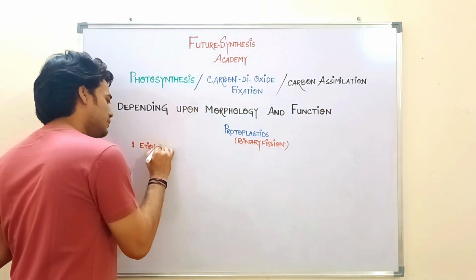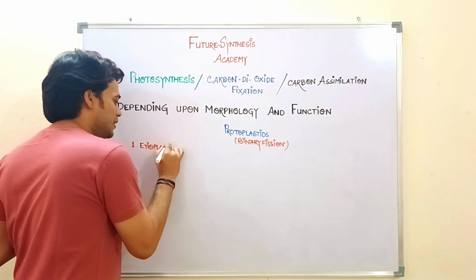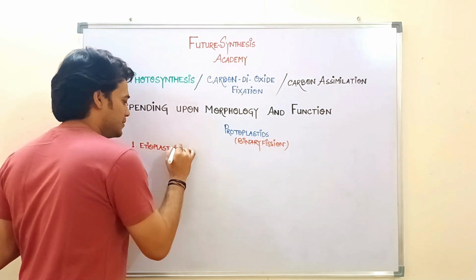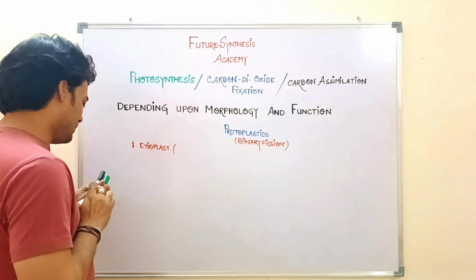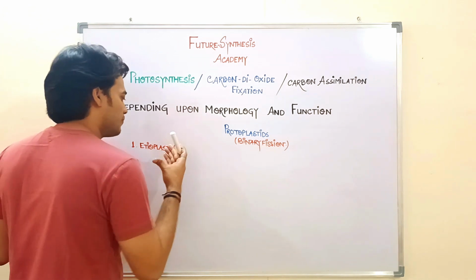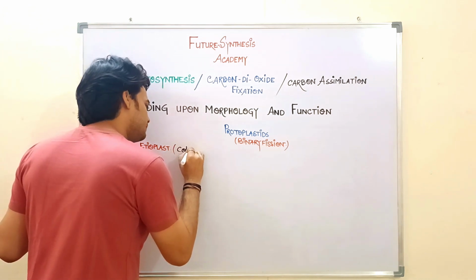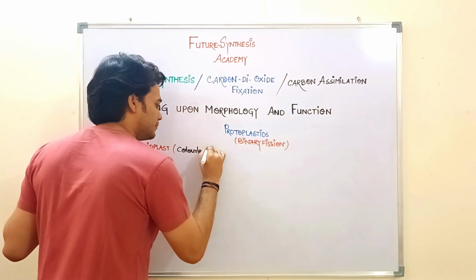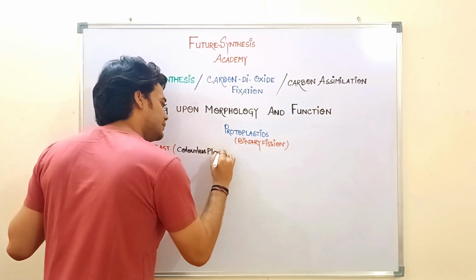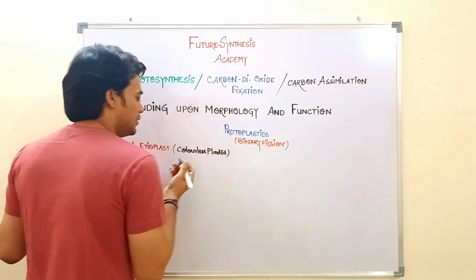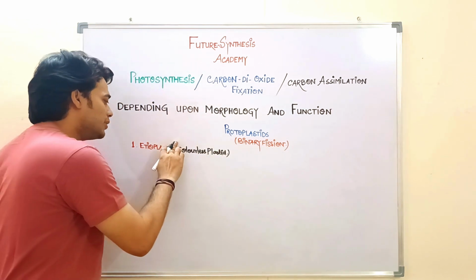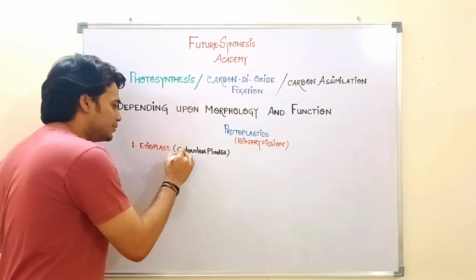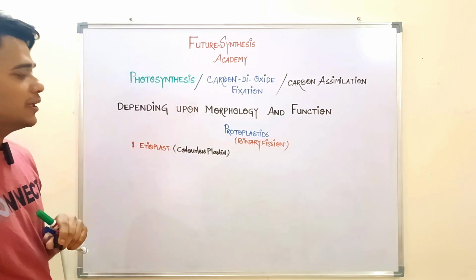Now the etioplast is basically a colorless plastid. It is a colorless plastid, and this plastid is not exposed to sunlight, so that's why they are in colorless state.